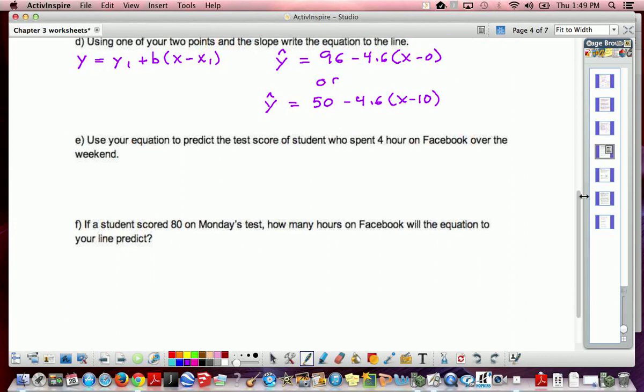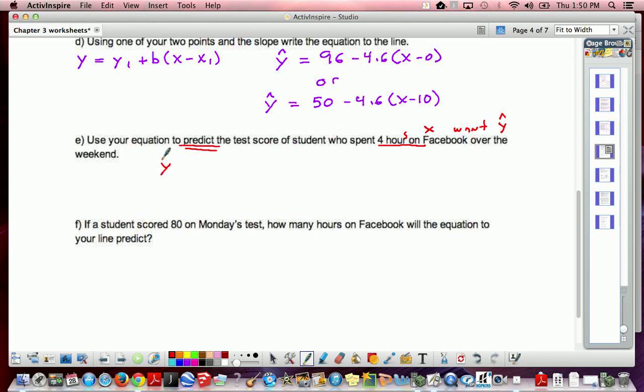So now, in part E, it says use your equation to predict the test score of a student who spent 4 hours on Facebook over the weekend. Apologize, there should be a little S there, not 4 hour, 4 hours. So, to answer this, we just need to know that this 4 hours is the x value and we want y hat because we're trying to predict, we're trying to figure out what y hat actually is.